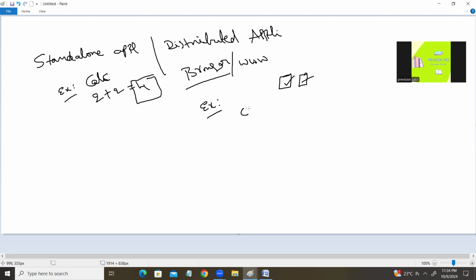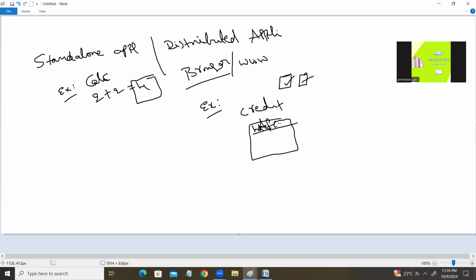Let's take one example to understand distributed applications: credit card processing. Suppose I need a credit card. What I can do is log into any website, either HDFC or ICICI or any bank.